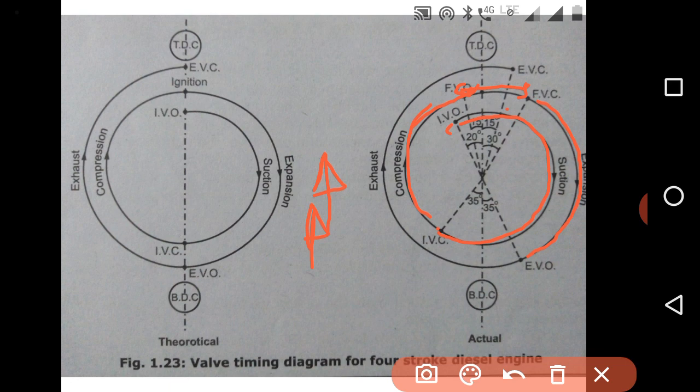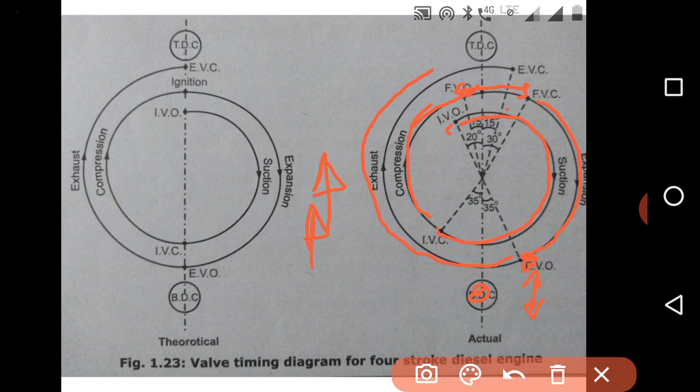For that, we are opening the exhaust valve not at the bottom dead center but before it, 30 to 40 degree before the bottom dead center. As the exhaust valve opens, heat rejection will occur, and exhaust of gases will start as the piston moves from bottom dead center to the top dead center.